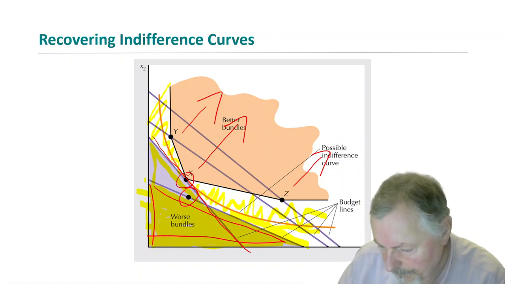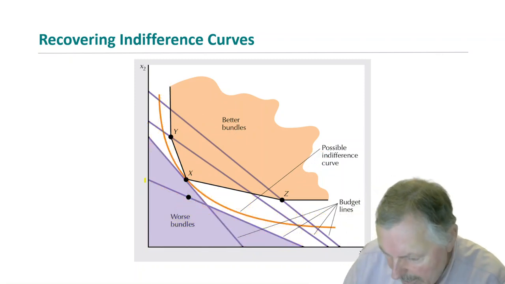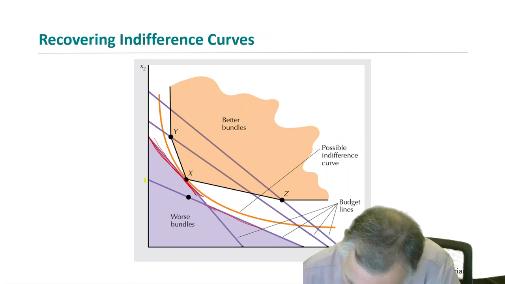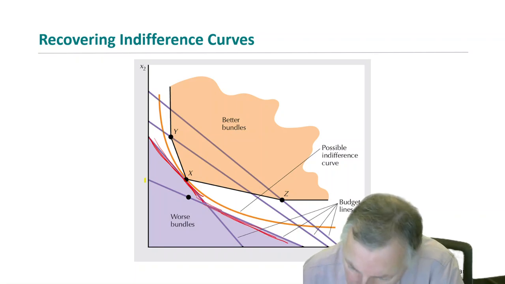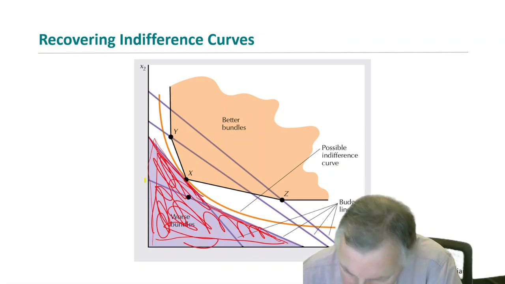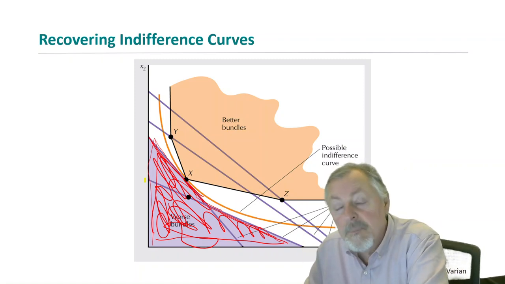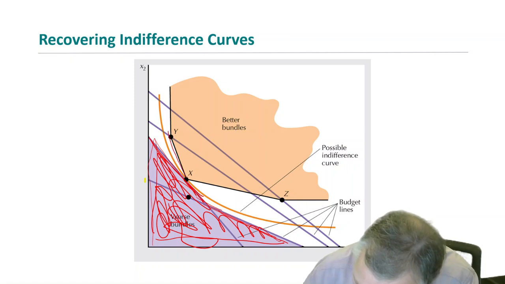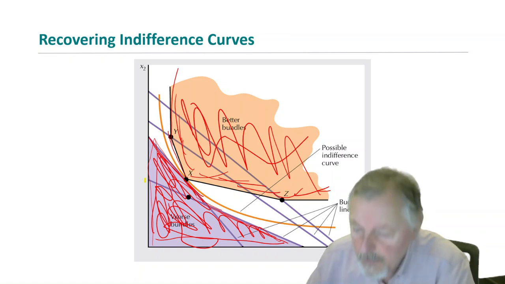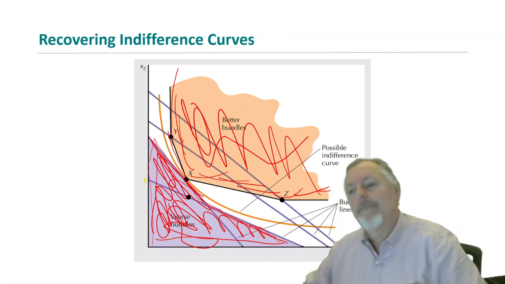You put these together, and what we get is everything in here must be on a lower indifference curve than the point X. And we also know that everything in that area must be on a higher indifference curve, which leaves us the white area.